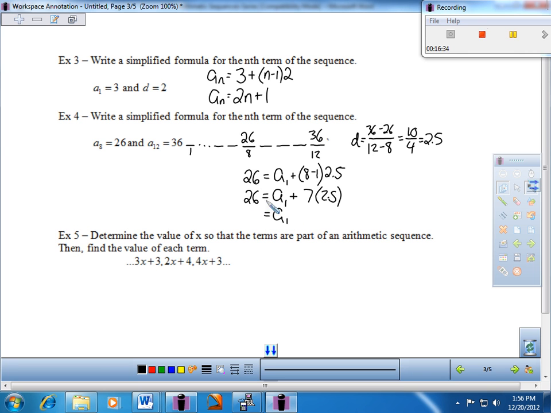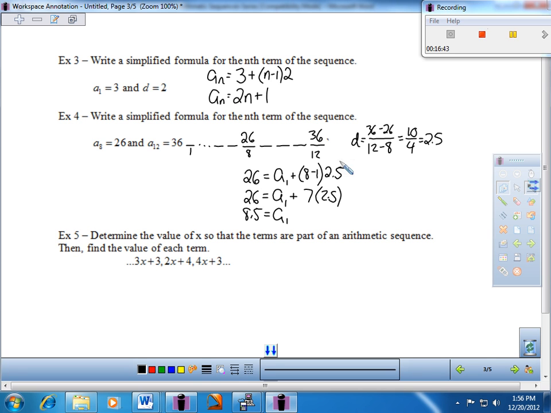So if I asked you to solve this equation, this product will get subtracted over. 26 minus that, I'm getting 8.5. And that's perfect. That now allows us to write our arithmetic formula, having A sub 1 and having D. We would be able to write a formula for the nth term in this pattern.